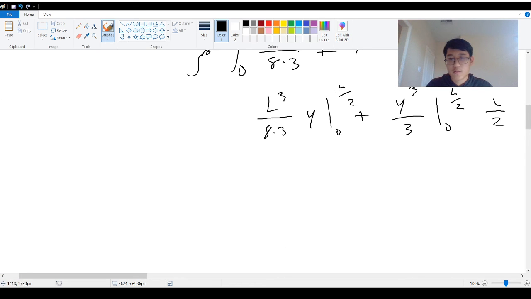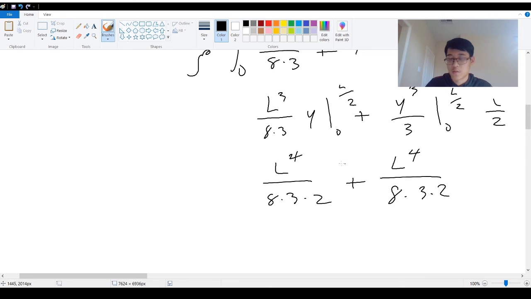And if we plug this in, that's L to the power 4 over 8 times 3 times 2, plus L to the power 4 divided by, so this is L over 2 cubed, that's L cubed over 8, and L cubed times L is L to the power 4, so in the denominator we also have 8 times 3 times 2.